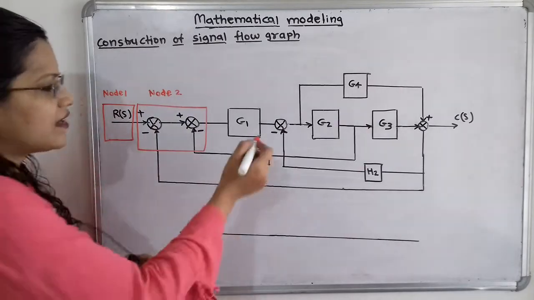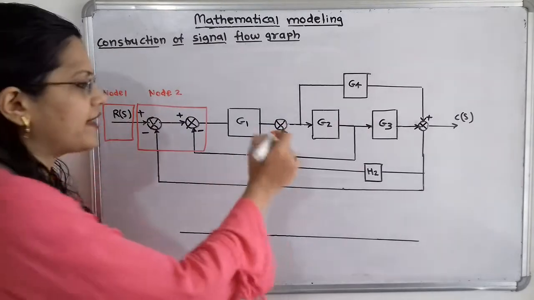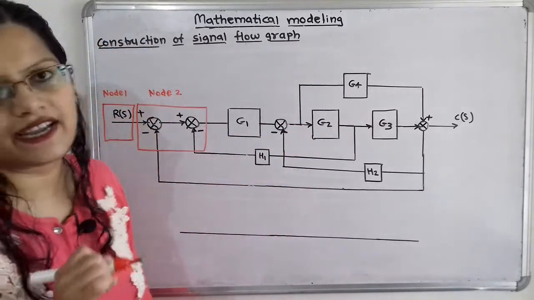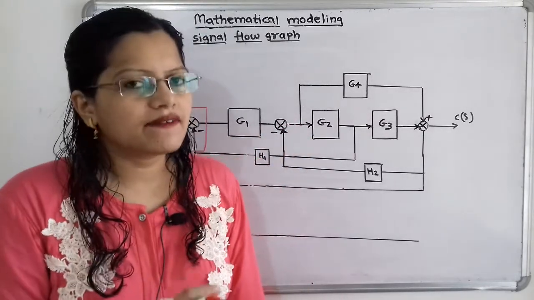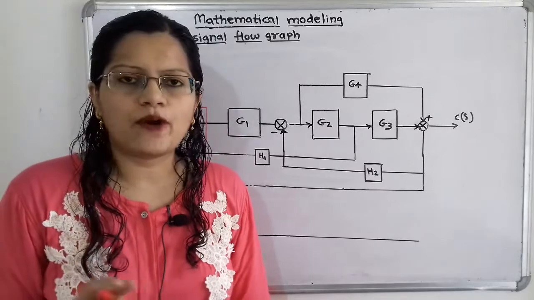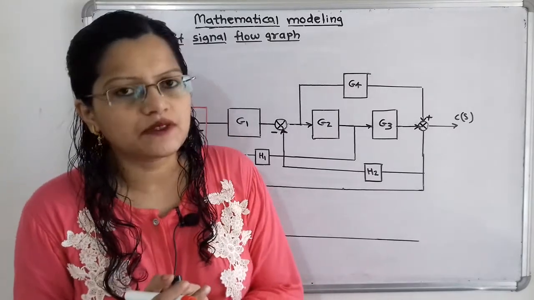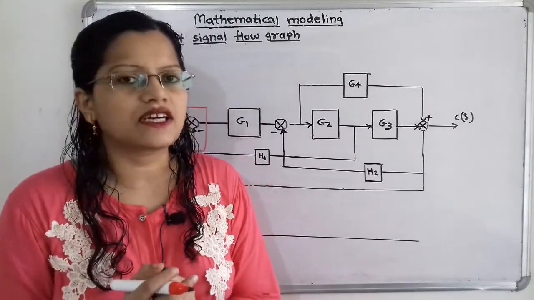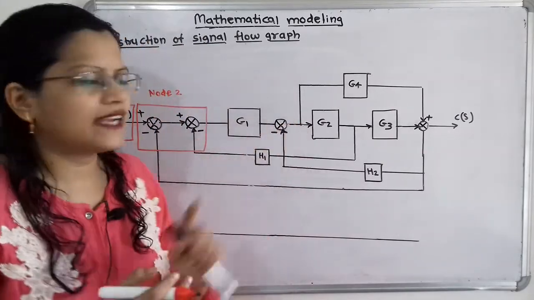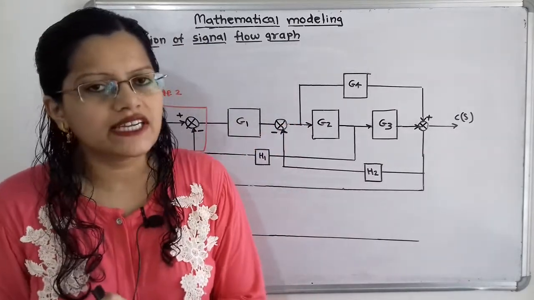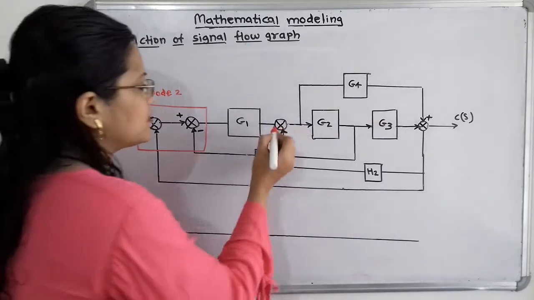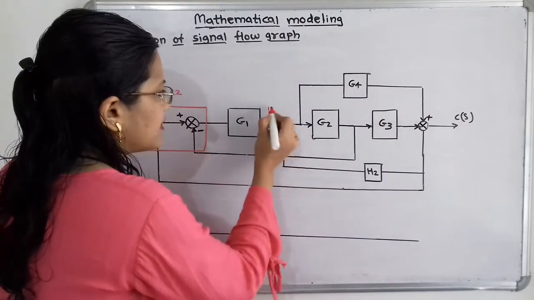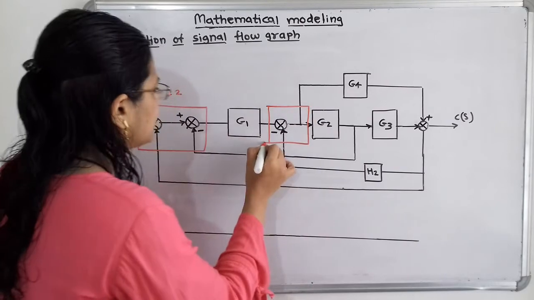Now next, again there is a summing point and after that there is a takeoff point, and in between the summing point and takeoff point there is no block. That means we will consider the branch connecting the summing point and takeoff point as having unity gain, and we will combine these two and consider the next node, node 3.